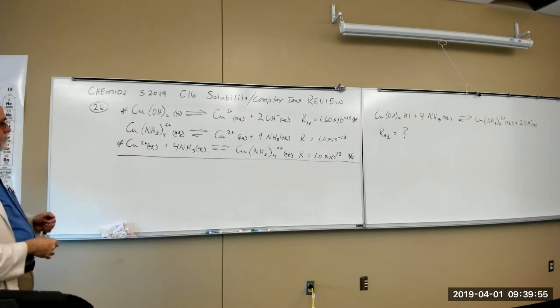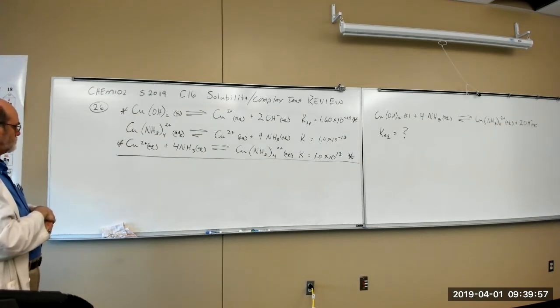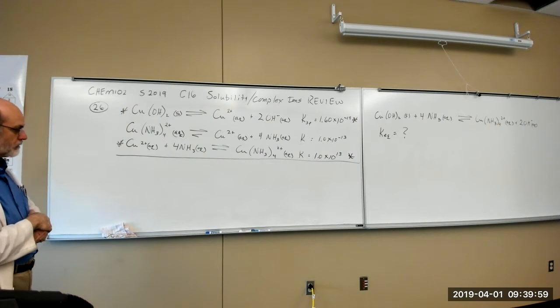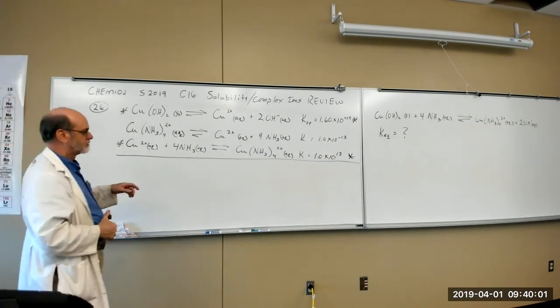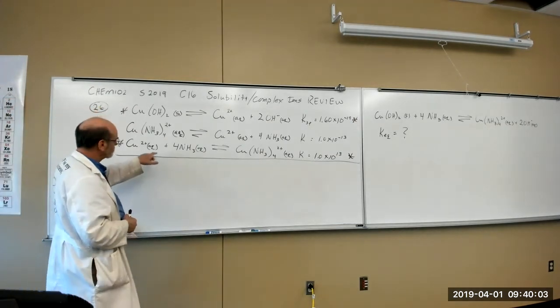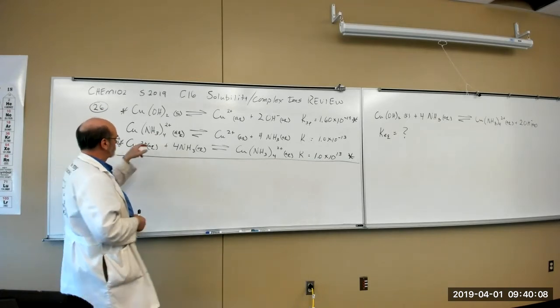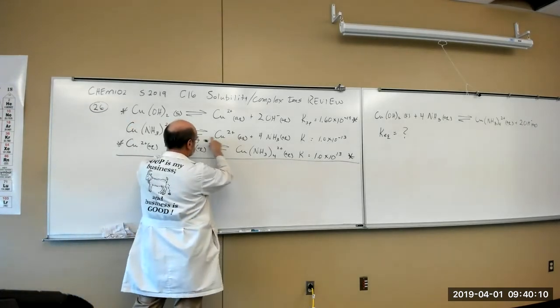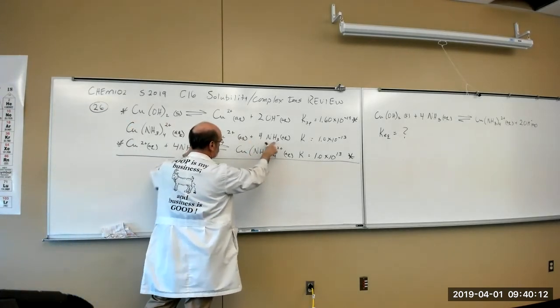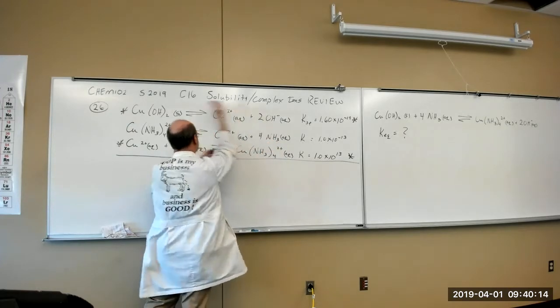Point to me again why we flipped it, because of why? Oh, because we want reactants on this side, and in this equation, that's a reactant, but it's a product here, so we need to move it over here.